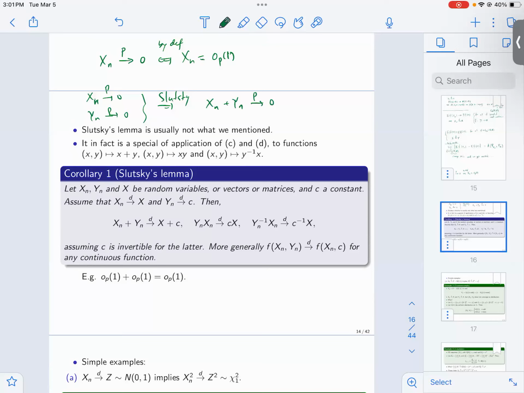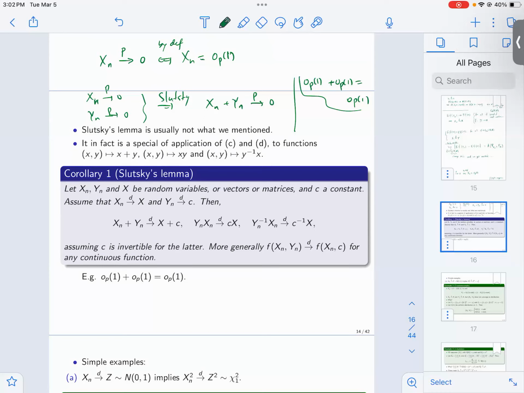If I want to write this statement in O notation, I have a term Xn which is op of 1, I add it to a term which is op of 1, and the result is op of 1. Adding two terms that are op of 1 produces op of 1. Each one converges to 0, so the result converges to 0. So this is a compact way of writing, and it's very convenient in manipulations.